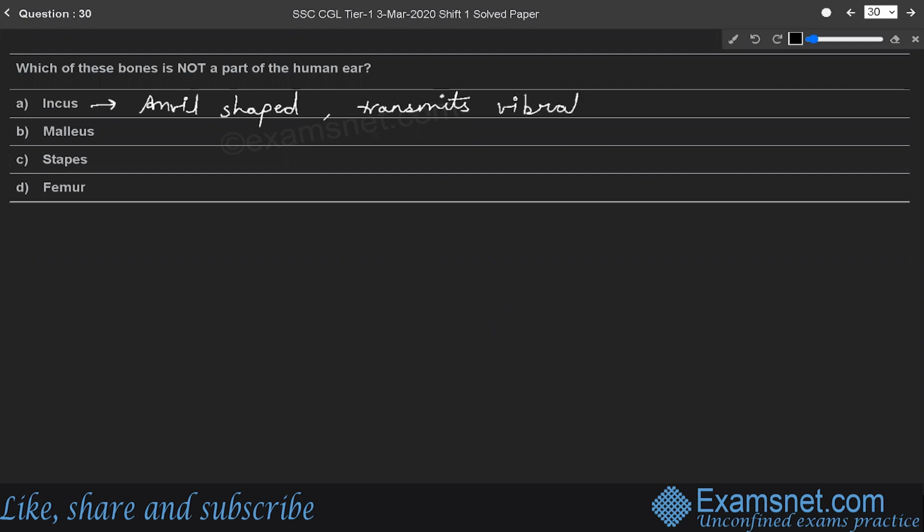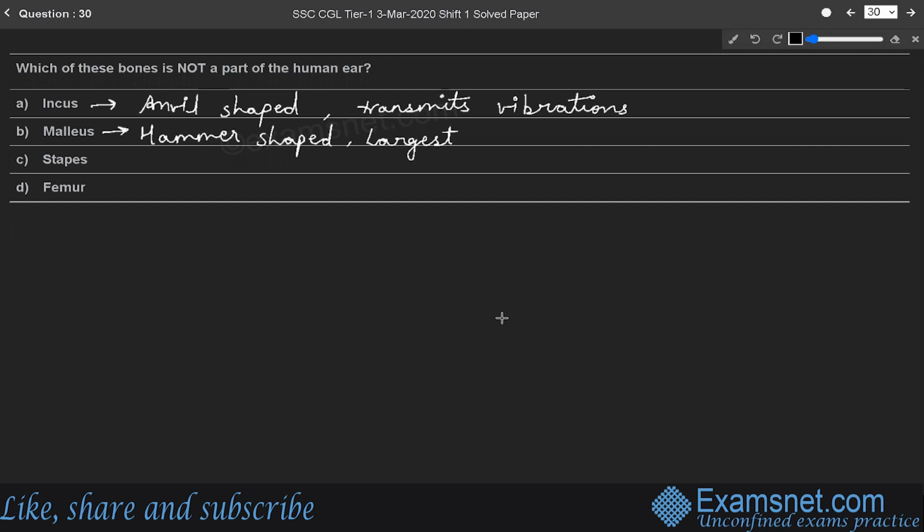So it transmits vibration between malleus and stapes. Second option is malleus. It is hammer shaped. And it is the largest of the three bones that are present in the middle of the ear. So it is largest bone.